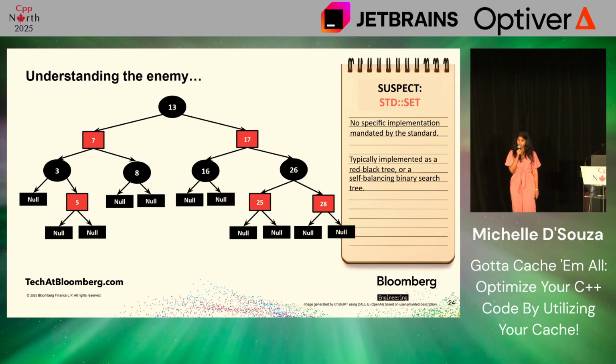Let's take a step back. Let's understand the enemy: non-contiguous data structures like the std set. The way this is usually implemented isn't actually dictated by the standard. You can essentially implement a std set however you like. But most people tend to go with a self-balancing binary search tree or a red-black tree.